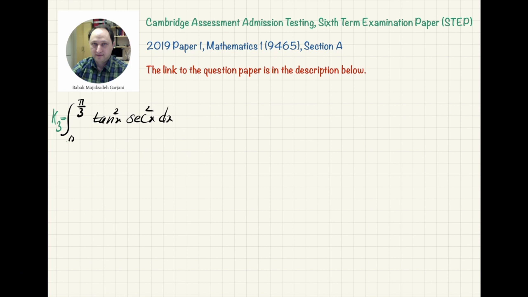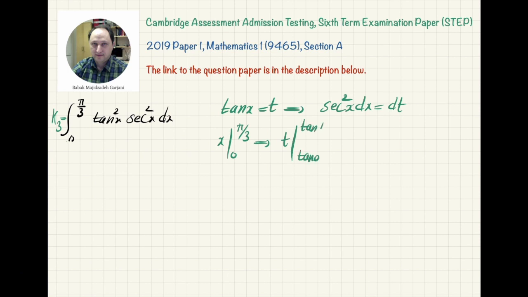You see, if I take this one u, if you haven't learned the previous one, you can also listen here. I can take tangent of x to be t. Then if I take the derivative of tangent, it becomes secant to the power of 2 x dx. It becomes dt. And when x goes from 0 to pi over 3, this implies that t goes from tangent of 0 to tangent of pi over 3, which is 0 and square root of 3.